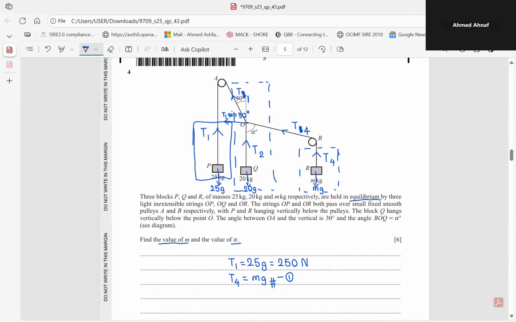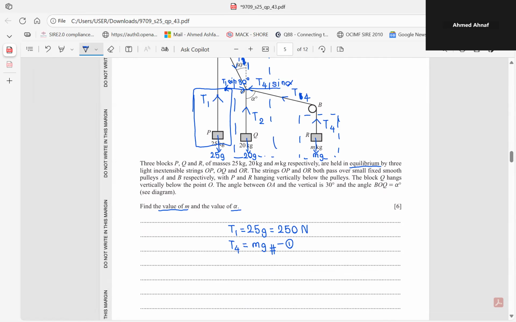Sorry, I think T1 should be acting in this direction, and then T4. So T1 is T1 sine 30, and for T4, that would be T4 sine alpha.